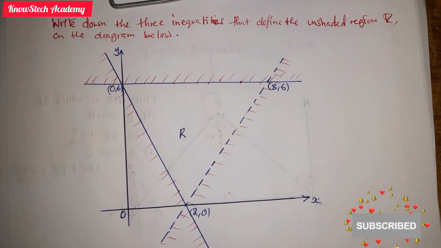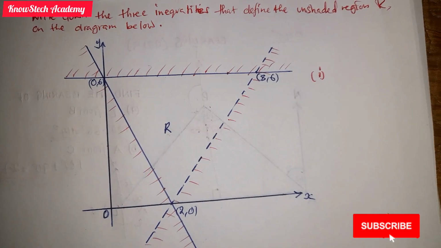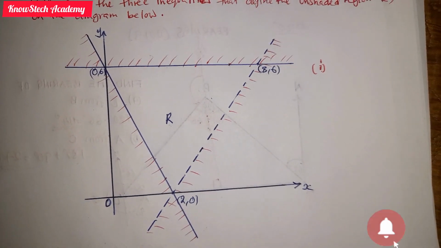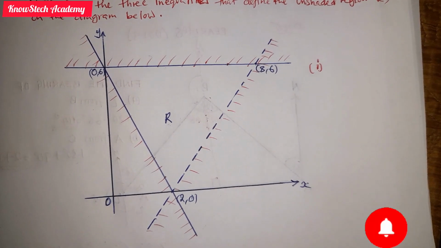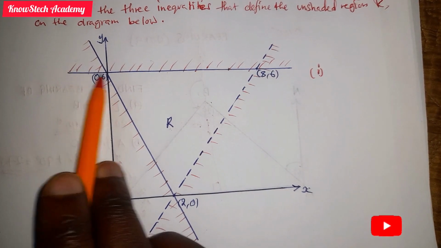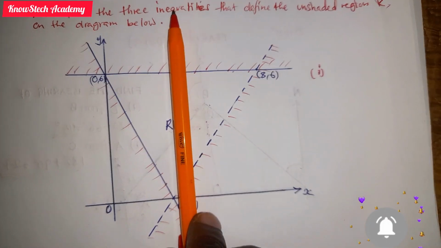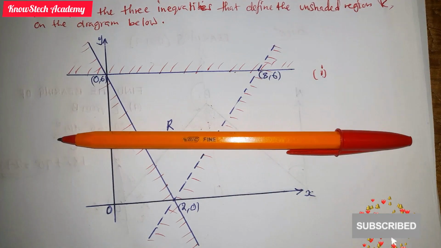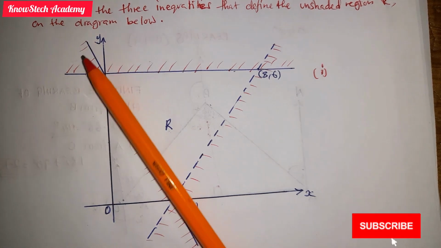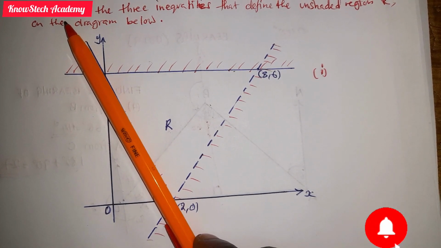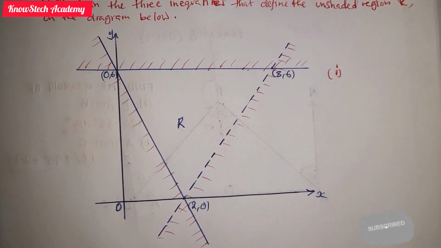All right. So the first inequality that we come up with here is... always start with the simplest inequality. Simplest, what I mean is those that are straight, horizontal or vertical, like this. Those are the first inequalities you should start with, because these other lines that cut the x and y axis take a bit of time to solve.